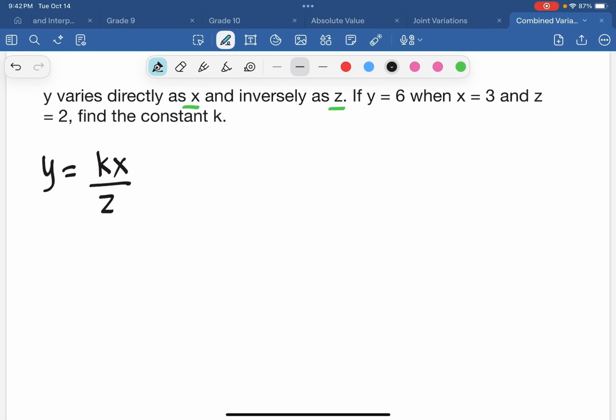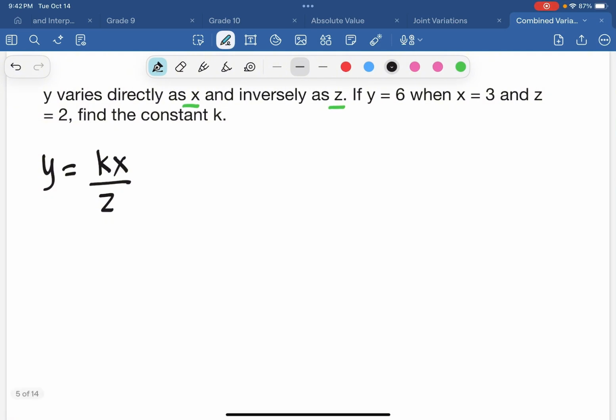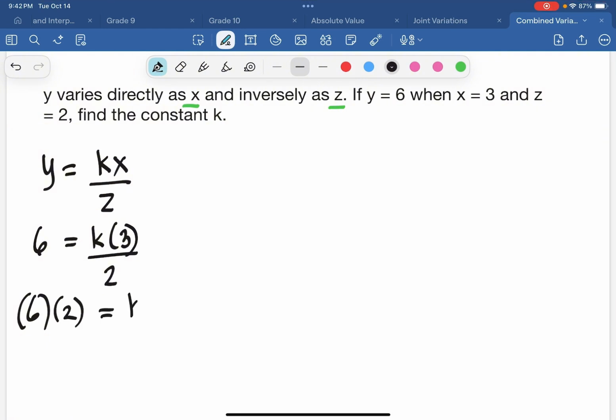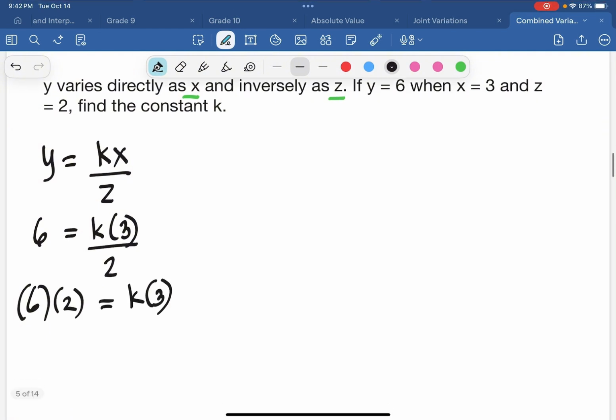So after this one, all we need to do in solving or finding for the constant is to substitute the values. So for y, we have here 6 equals k, the missing, and for x is 3 over z is 2. So based on this one, first all we need to do is to cross multiply 6 and 2. So we have 6 times 2, and you can have k times 3 here.